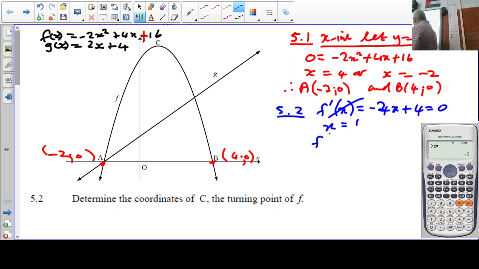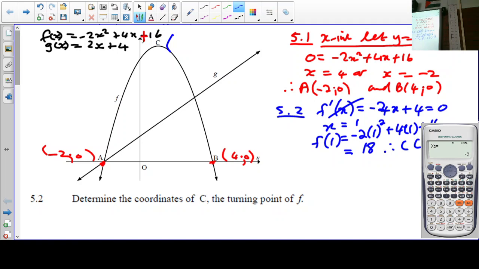If we substitute 1 into the function, f of 1 is equal to negative 2 times 1 squared plus 4 times 1 plus 16, which gives me 18. So therefore C is going to be (1; 18). That is one way of doing it.